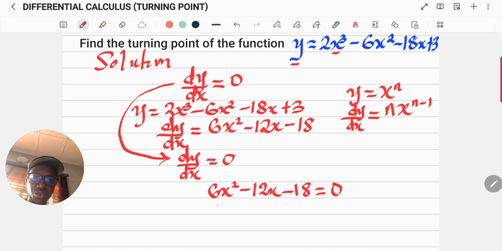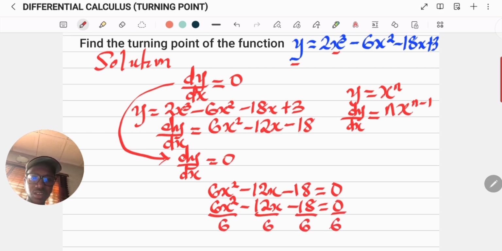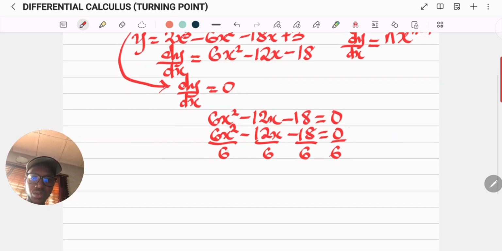So we could divide through by 6 so that we have a simpler quadratic equation to deal with. So divided by 6 all through. By the time we do that, we're going to get x squared minus 2x minus 3 equals 0.